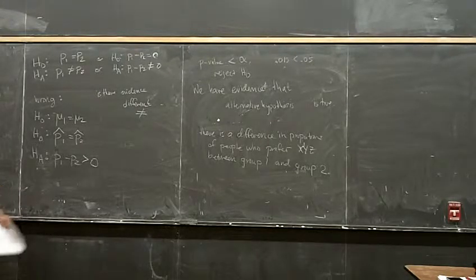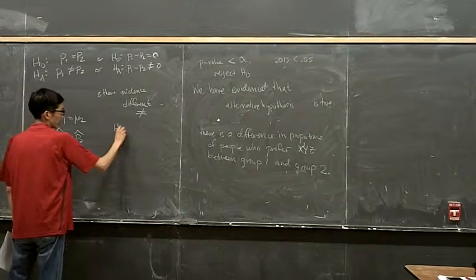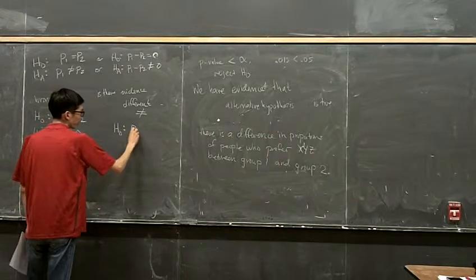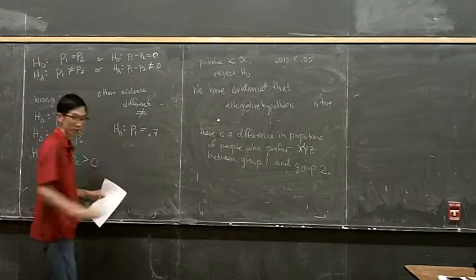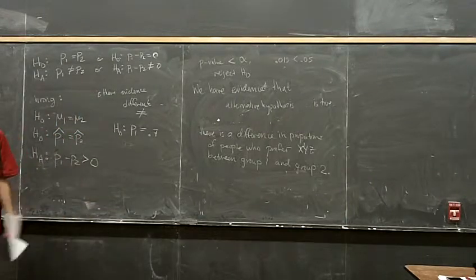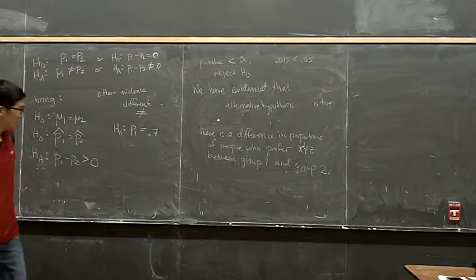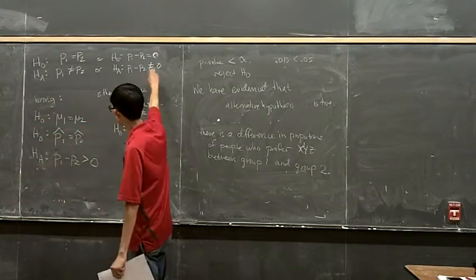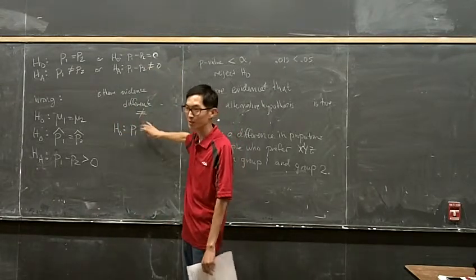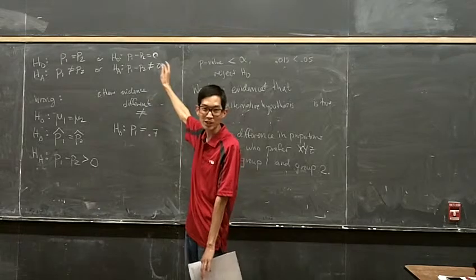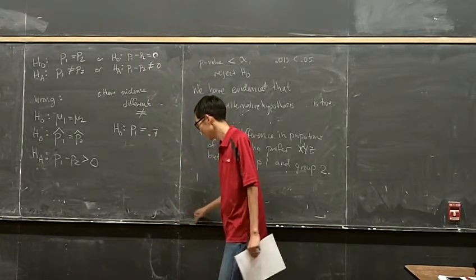If I put in some number here, like P1 equals 0.7 or something, these are not correct hypotheses. So know the correct answer, and if you know the correct answer, then you won't be distracted by the wrong answers. But if you're not sure about what the correct answer is, the wrong answers will look pretty tempting, okay?